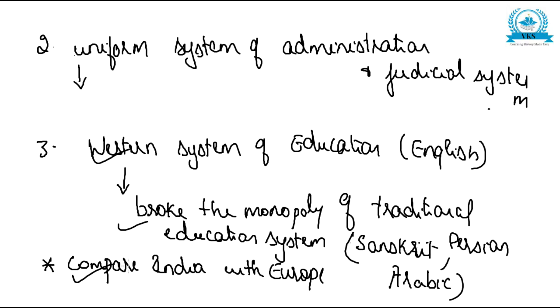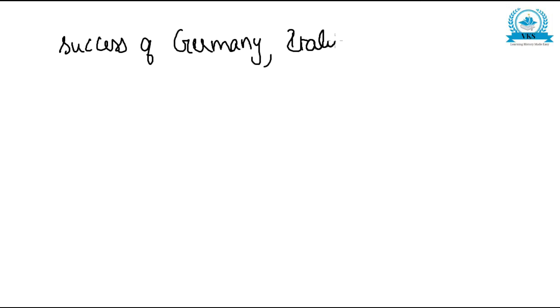Now what was the effect of this comparison made by the educated Indians? They came to know about the success of Germany and the success of Italy against foreign dominance.